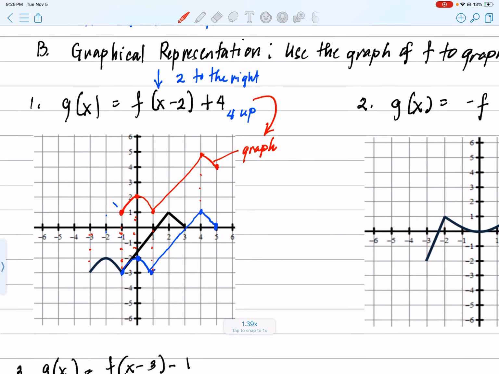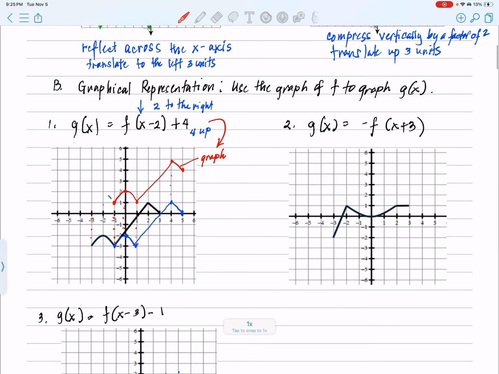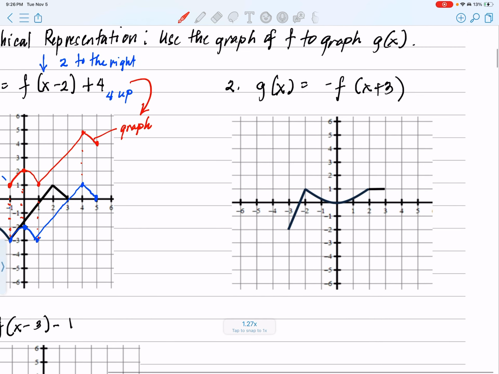All right. Let's do the other one. I will blow this up. What do we see here? Let's do the inside first. Horizontal translation. So I'm going to use this color. Okay.